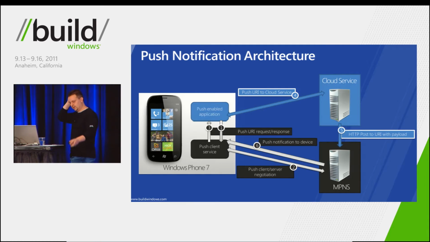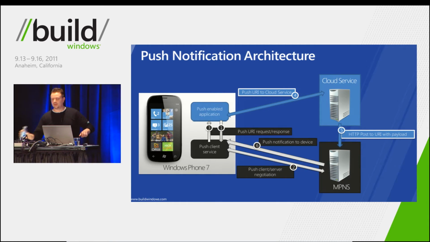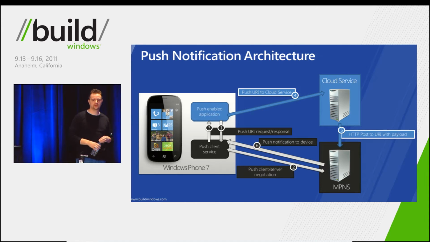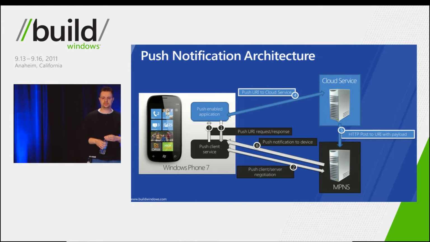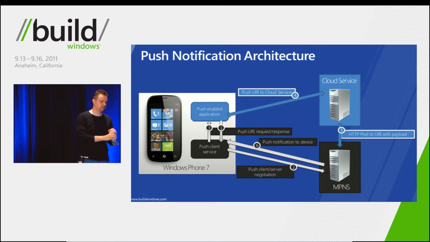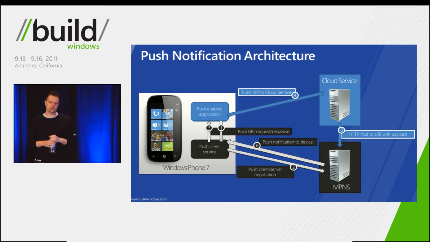Yeah, totally. So the question is, how does the Microsoft push notification service queue your notifications to send to the device? It depends. Some of them will be queued for you. I believe if the device has been out of communication more than half an hour, they will not queue it for you.